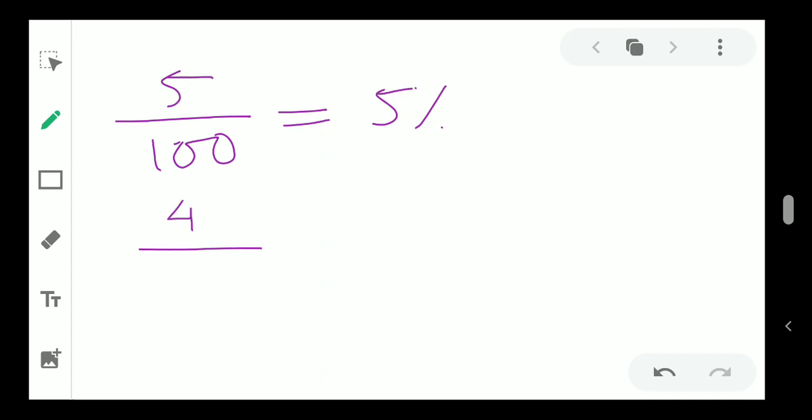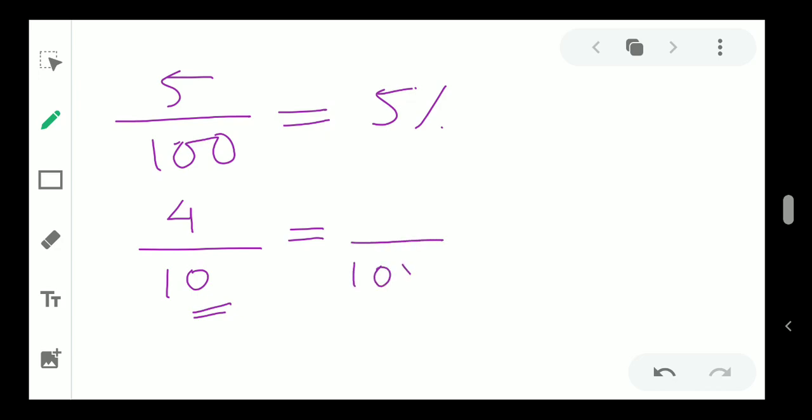Similarly, if I write 4 by 10 and I ask you to find the percentage, you cannot write it as 4% because the total is not 100. So you have to make it 100. What we have to do is make the denominator 100 so that we write it in terms of percentage.